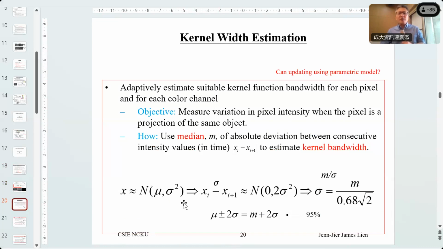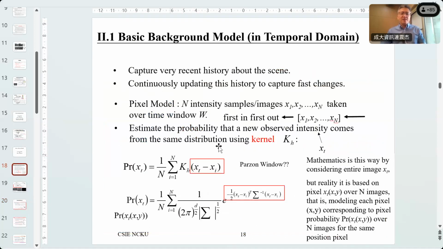So what's the standard deviation? How can you calculate standard deviation? So for the non-parametric model have a different kind of method, even though the Gaussian model is a different kind of method. So in this paper they talk about you can use the median filter. That means the other way is here.